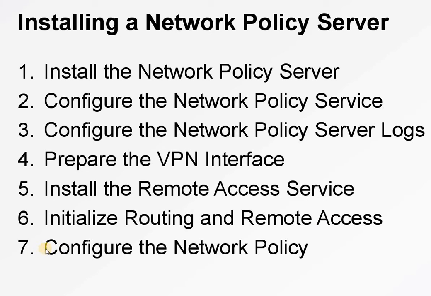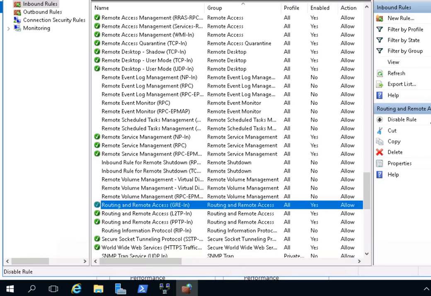The last one, we are going to configure the network policy. So access to the VPN server in routing and remote access can be further verified with the use of network policy. Network policies may include properties such as time of day, security group memberships, type of VPN interface, and other conditions.